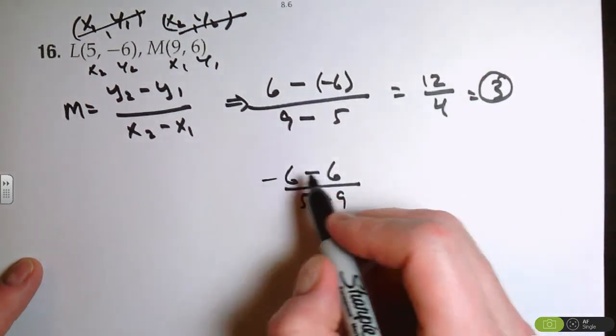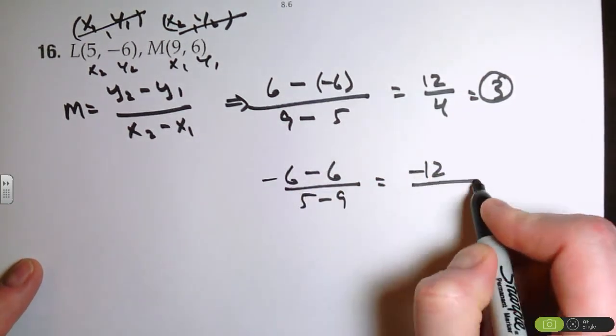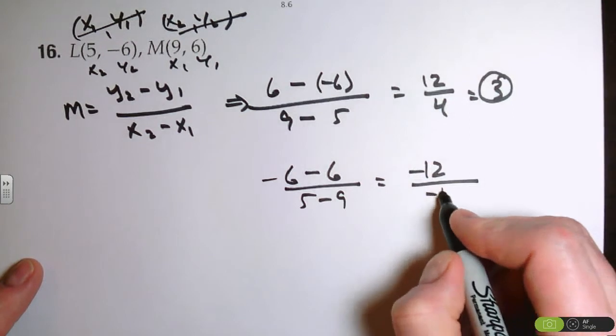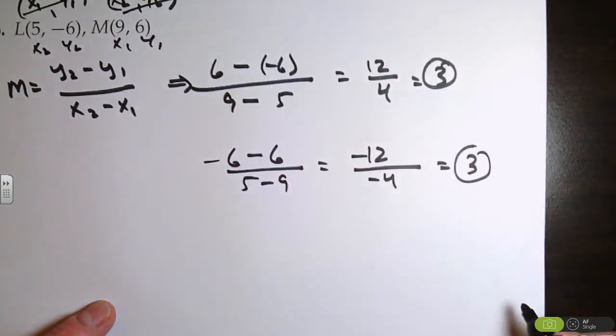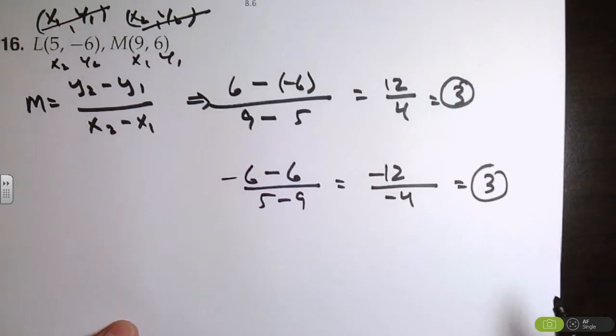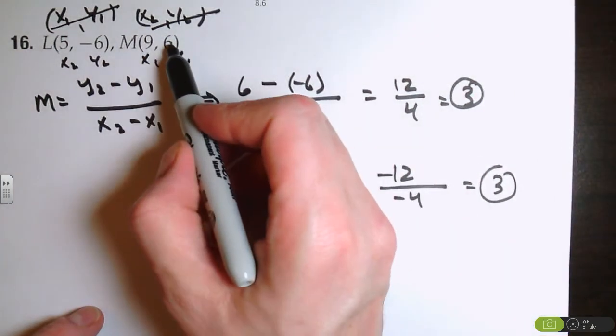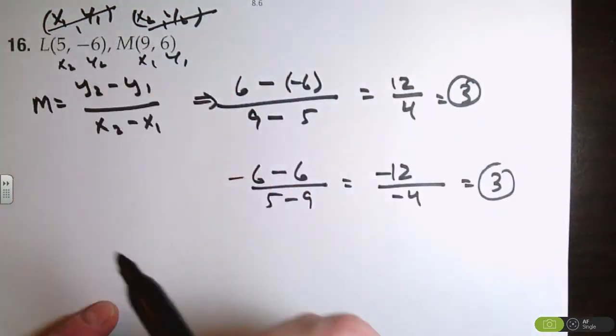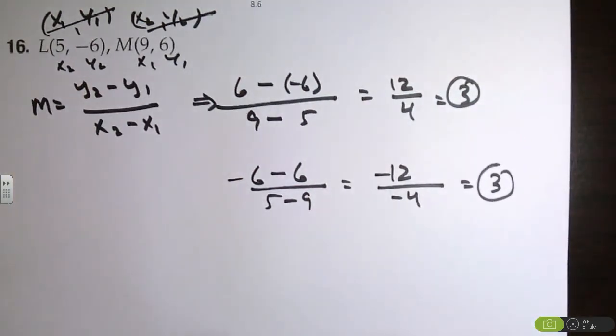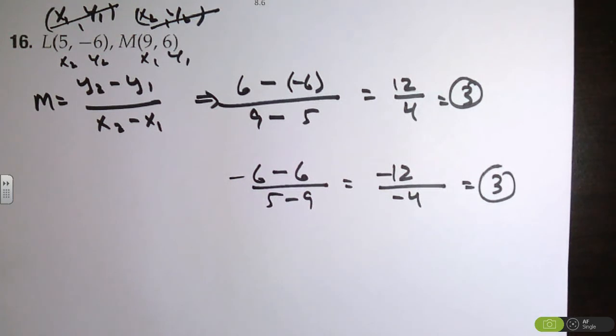Negative 6 minus 6 is negative 12. 5 minus 9 is negative 4. Negative 12 over negative 4 still reduces to positive 3. So you don't have to worry about choosing the right order. As long as this is the y that went first and this is the x that went first, you're good. Or if this is the y that went first, that's the x that goes first. You're still good. Okay, that's section 8.6.